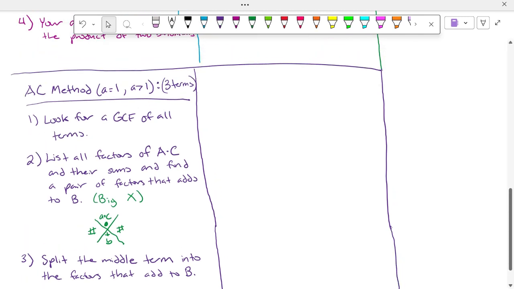Now, since I want an example for when A is equal to 1 and when A is not equal to 1, we're going to do two different examples here. So I'm just going to do examples A and B that's still listed on page 5. So the first one is the AC method when A is equal to 1.